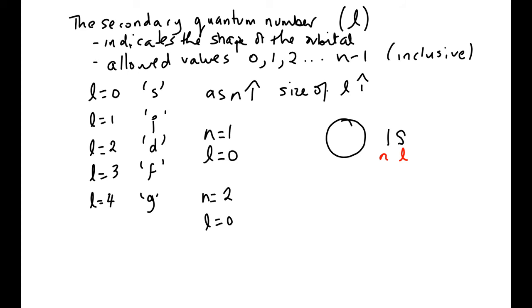But if n is 2 and L is 0, you have a larger sphere, and this is called the 2s orbital. The 2 is your n value, and the s comes from your L value. So if n equals 3 and L equals 0, you would have an even larger sphere, and that would be called the 3s orbital.